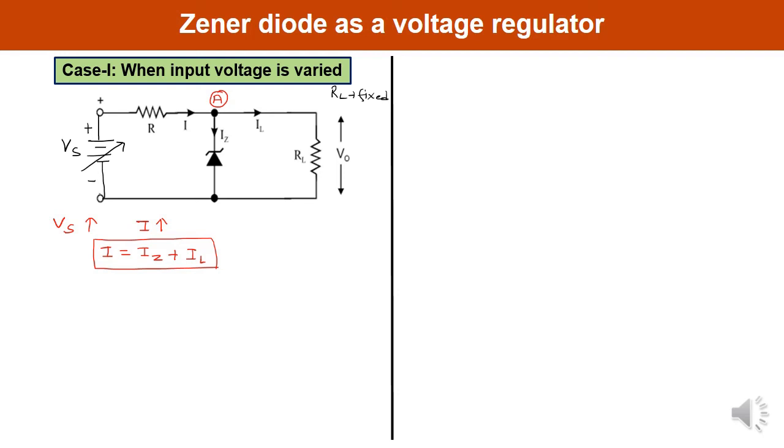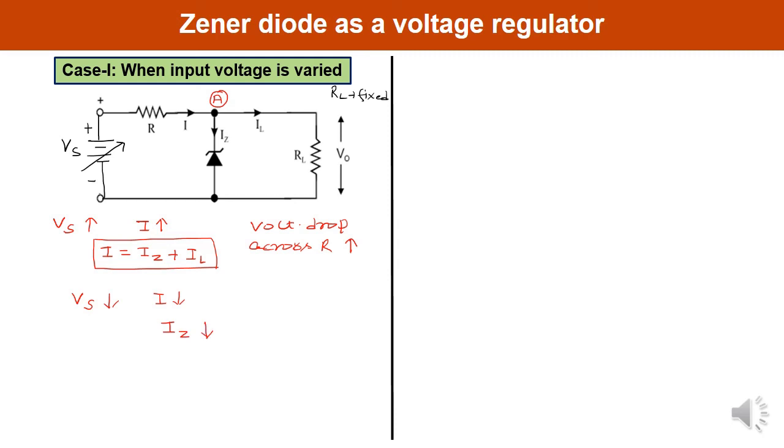And because of the increase in input current, the voltage drop across resistance R will also increase. It means now when input voltage decreases, Vs decreases, the input current I also decreases, and because of this, current through the Zener diode Iz also decreases.